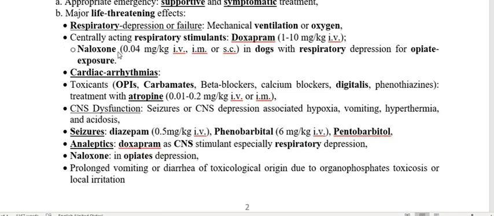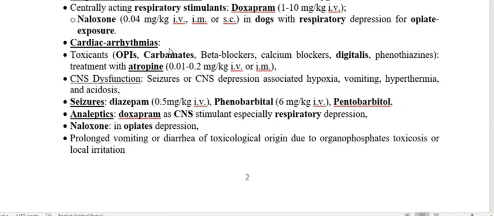The antagonist is naloxone. Naloxone checks the attachment of opioid on the opioid receptor as an antagonist, and the dose in case of dog is 0.04 mg per kg IV, IM or subcut.